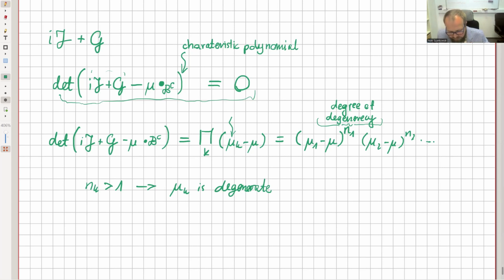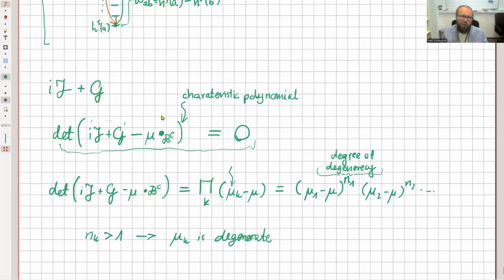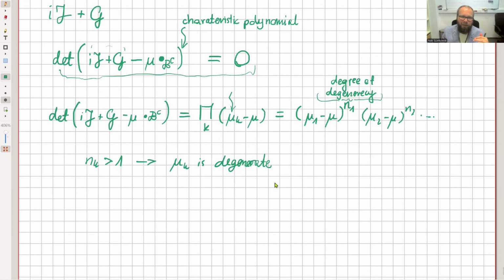And now the issue comes up. Let's imagine we have a degenerate eigenvalue for our superoperator here. The issue is what are the eigenvectors corresponding to those degenerate eigenvalues, to this block of eigenvalues.